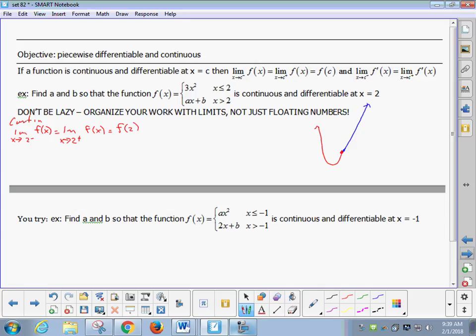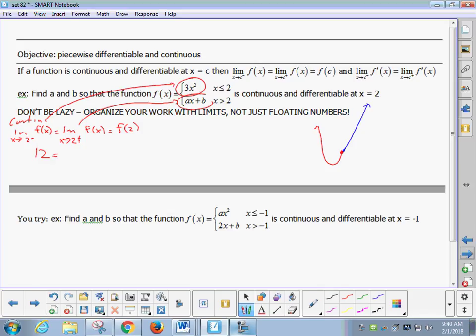Then you can say, all right, well, the limit as x approaches 2 from below would be this function. And x approaching 2 would mean that that function would approach 12. As x approaches 2 from above, I'm looking at this function, ax plus b.